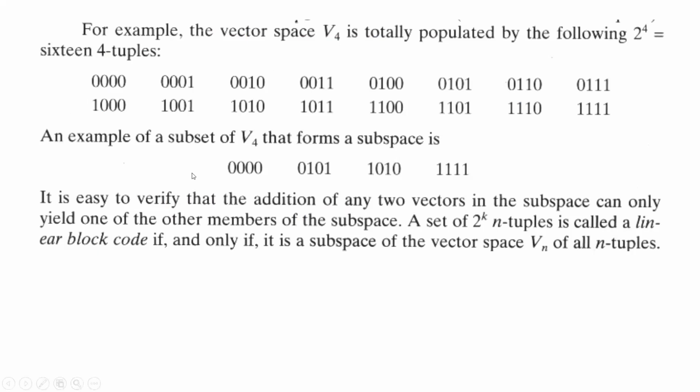But since I am interested only in the binary field at present, when I say 4 tuples, it means 4 bits. The total number of combinations will be 16, and these 16 possible combinations form the vector space, which is represented by V4.